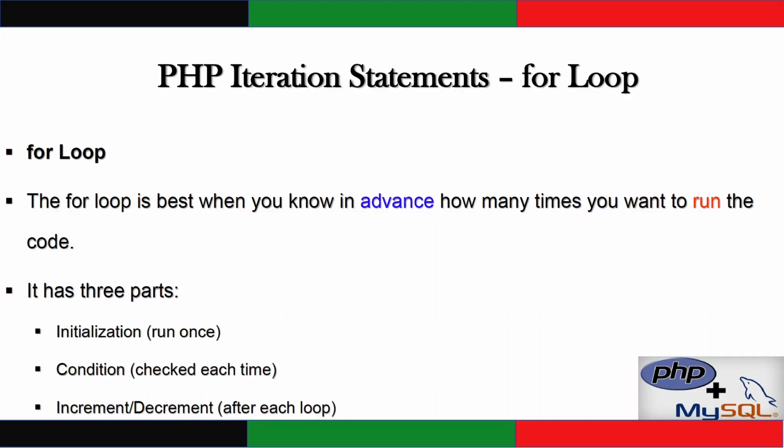Then lastly, we may be coming from up then down. So if we are decreasing, that is starting from 10 and then counting down, then we have to keep decreasing it by 1, or maybe by 2, or by any other number that we want to reduce it by. So if we are going to run 10 times, we can say, okay, we're going to start from 10, then count down to 1.